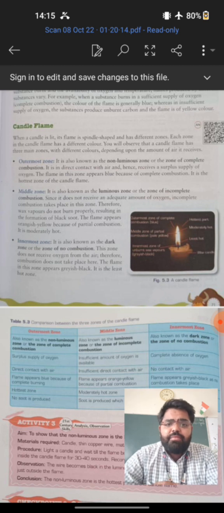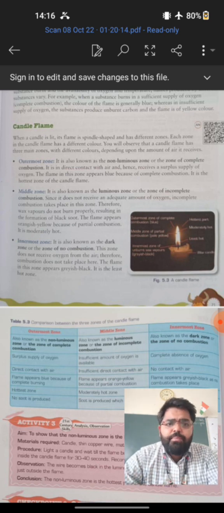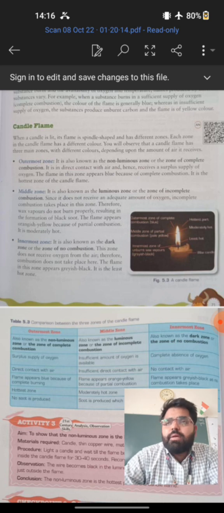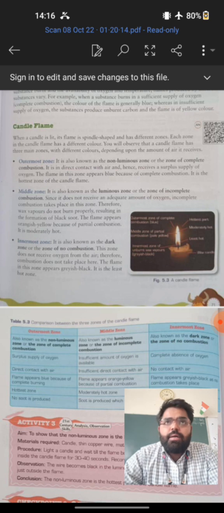Then the second one is called the middle zone. It is the one that is exactly visible to you, a slightly yellowish or golden color, and it is the zone of incomplete combustion. Because of the lower availability of oxygen in that area, the vapors of the substances we are trying to burn will not be properly combusted, right?